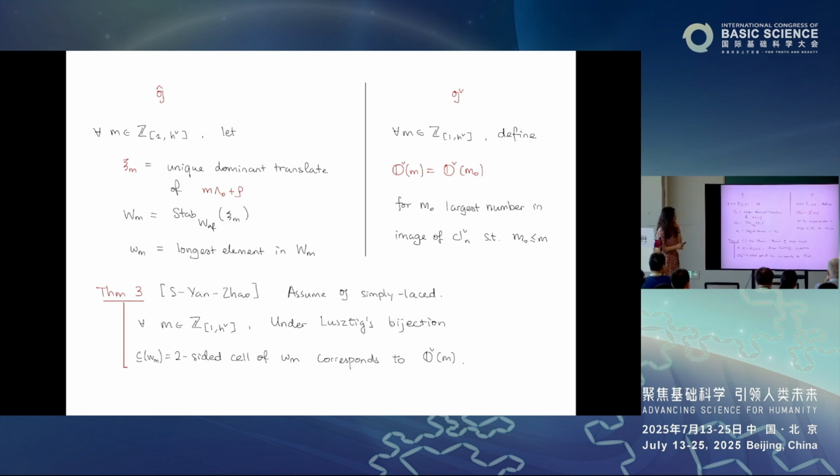The simply laced assumption may not be necessary; we only proved it in this case for now. Maybe one needs some modification of the statement in the non-simply laced case, which I have not yet thought about. Okay, any questions?